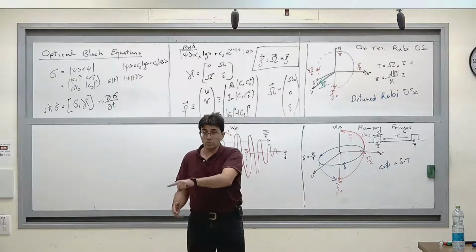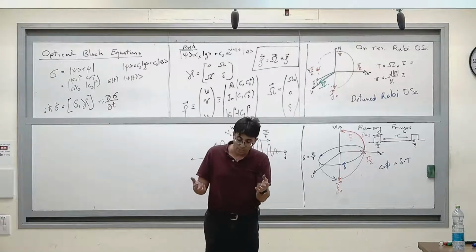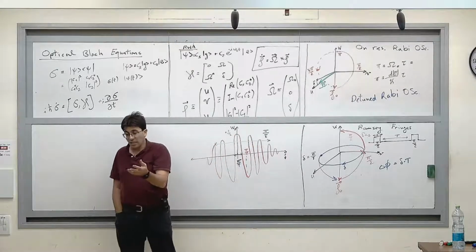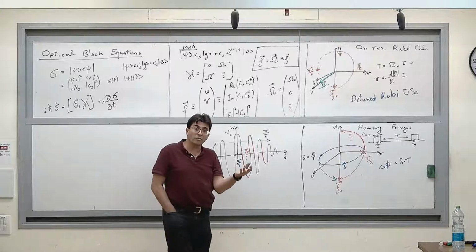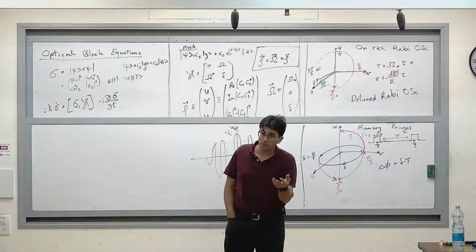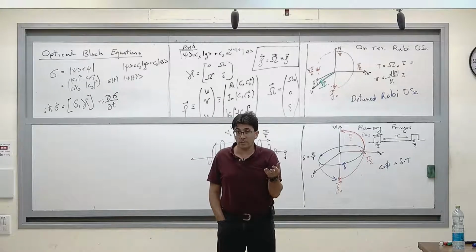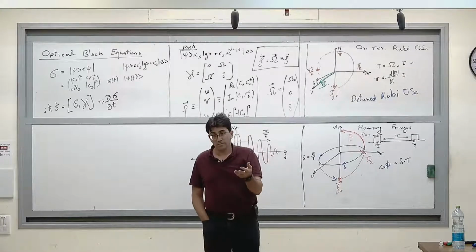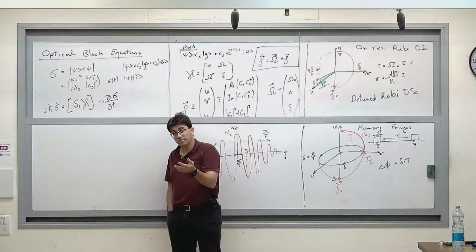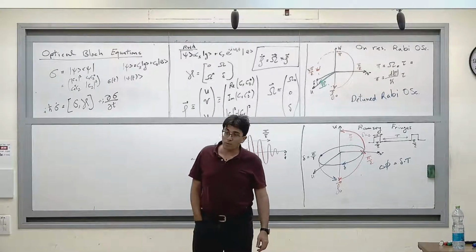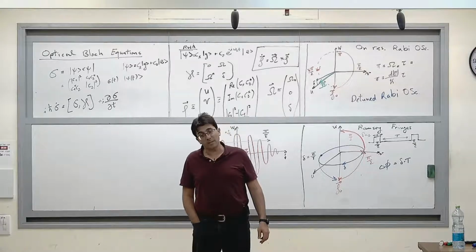So we understand this dynamics. And then what is the equivalent for a polarization element? The answer is a half wave plate. What about a pi over 2 pulse? A pi over 2 pulse is like a quarter wave plate.